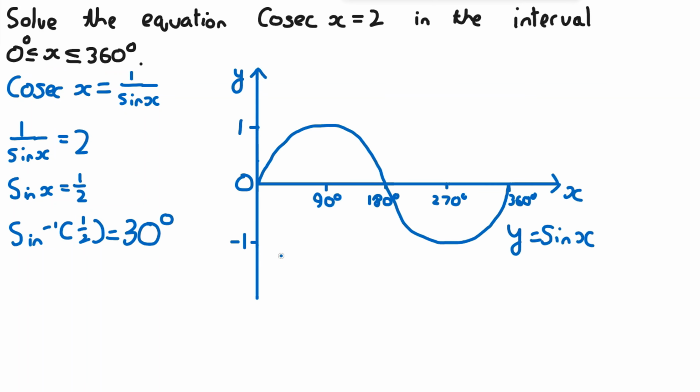And then we need to draw a quick pair of axes, and then we need to sketch a sin graph, which we've done here. And then we say that half is about here. And we can see between 0 and 360 degrees, as we've drawn, there are 2 points at which the graph is equal to half. This point here, which we already know, is 30 degrees.